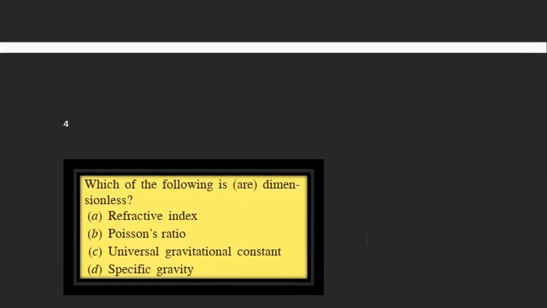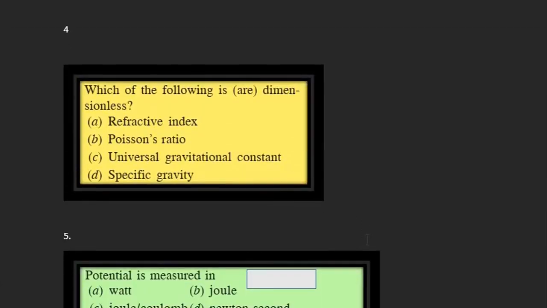Fourth question, which of the following are dimensionless? Yes, think of the answer. Take your time. Refractive index, Poisson's ratio, universal gravitational constant, specific gravity. Refractive index, does it have dimension?